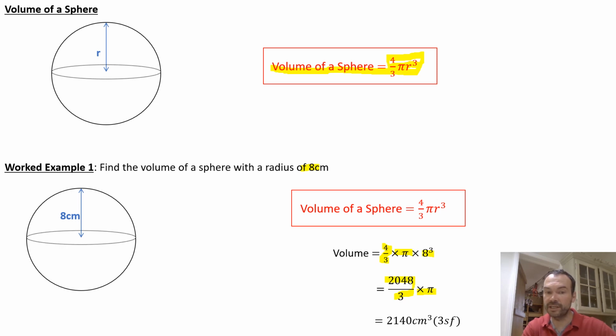On the calculator, you type this sum in, you get that answer, and then you press the button to convert it. In this case, somebody's converted to 3 sig fig, and you'd look at the question and decide what's appropriate. So again, this section of this topic is simply about picking the right formula and using it.